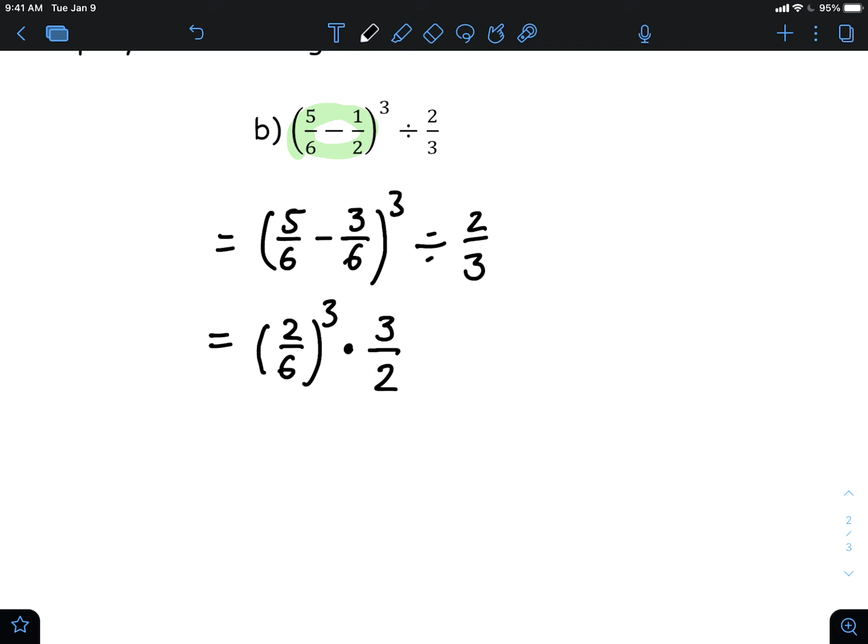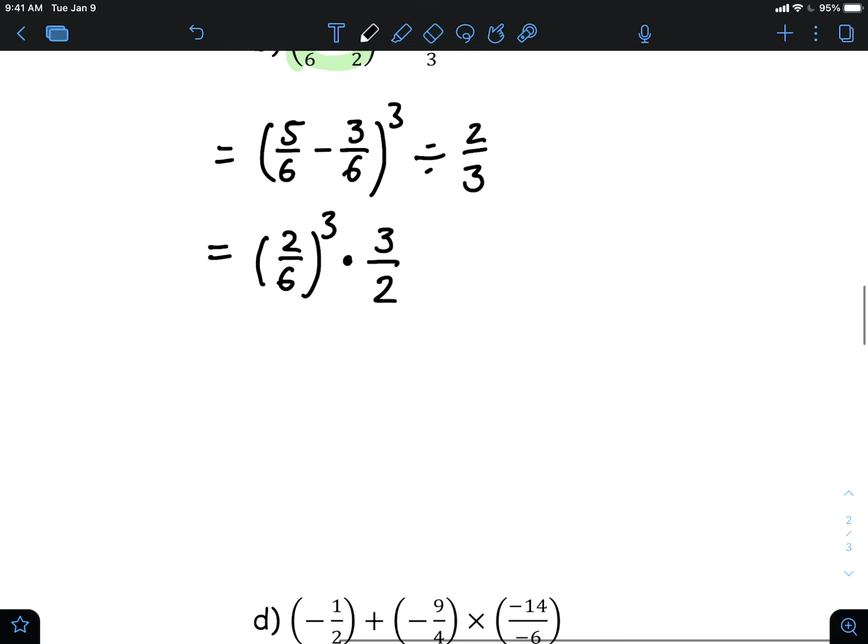We won't be doing that just yet, but just before we forget to do it, I'm going to do that there. So when you have 2 over 6, is there a different way we can represent that? Is there a better way we can represent that? Yep. 1 over 3. Exactly. You can reduce that to 1 over 3. So let's do that right now.